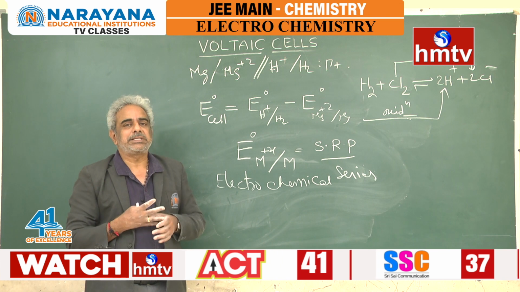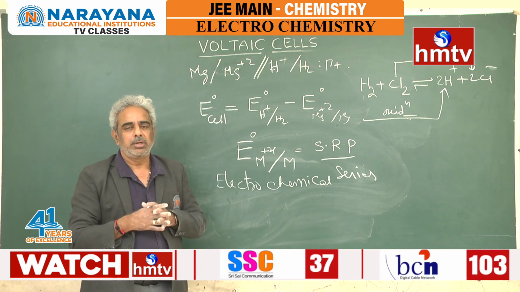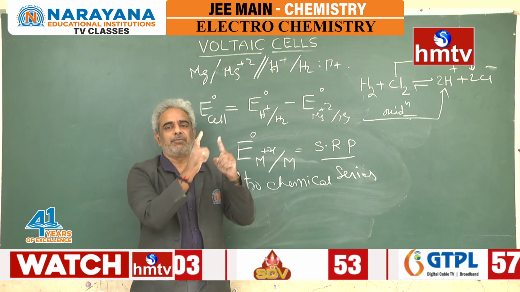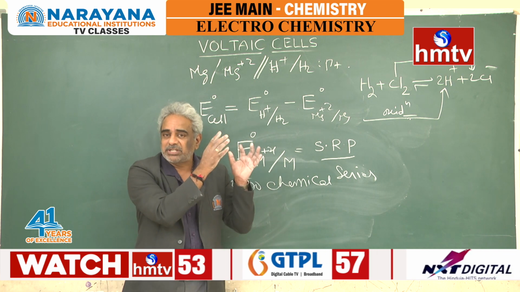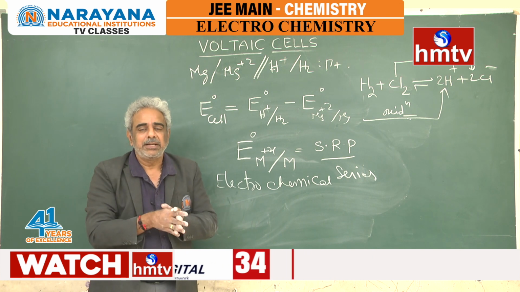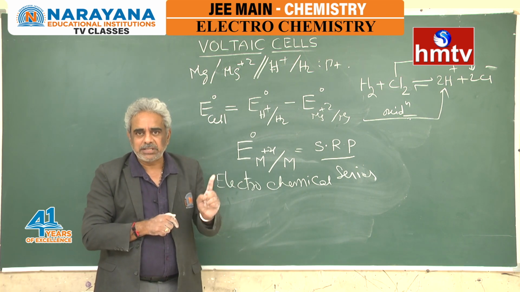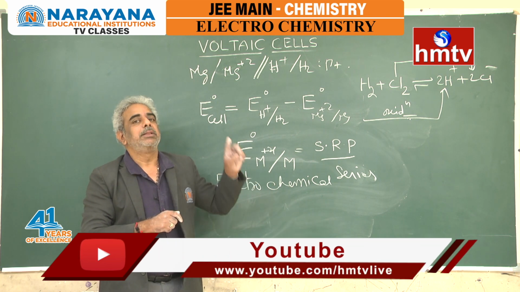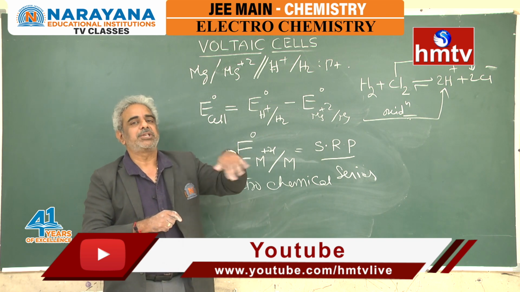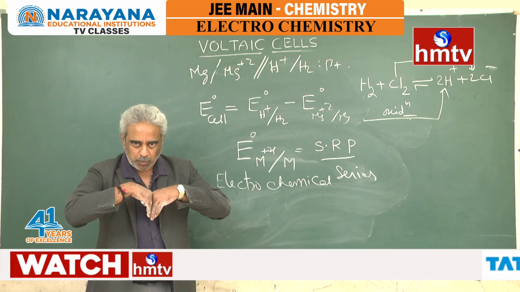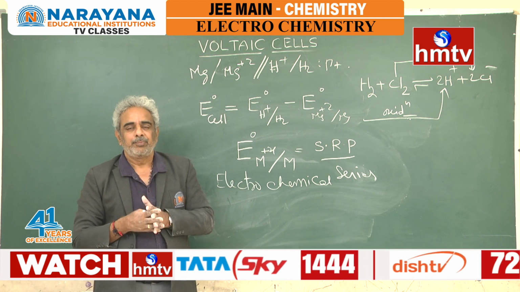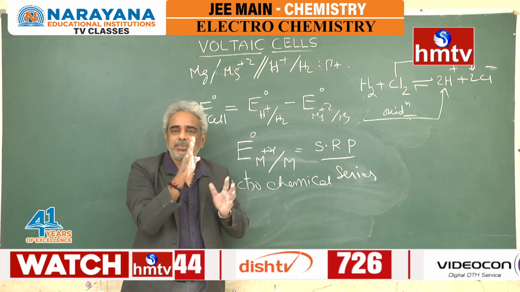Before going to the details of that particular series of electrodes, we must always keep in mind that the reduction potential of the cathode must be more than the reduction potential of the anode, such that the cell potential is always positive, so that the cell can serve as a source of electricity for external purposes. For the cell to produce electricity for some other purpose, the cell reaction must be spontaneous.